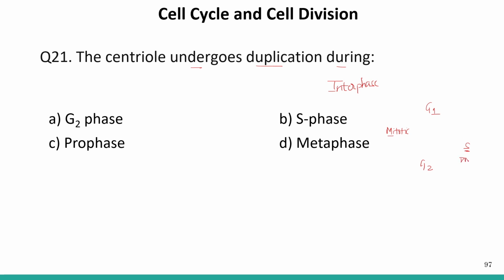DNA synthesis takes place, and centriole duplication also takes place. In some animal cells, centrioles are self-duplicated. G1 phase I've already told you. Cell growth is taking place. Synthesis of macromolecules is taking place.